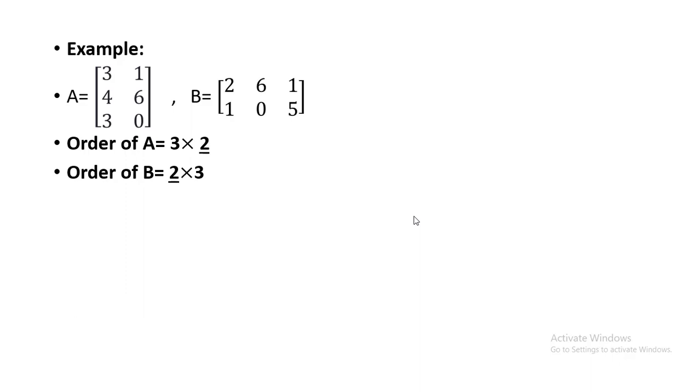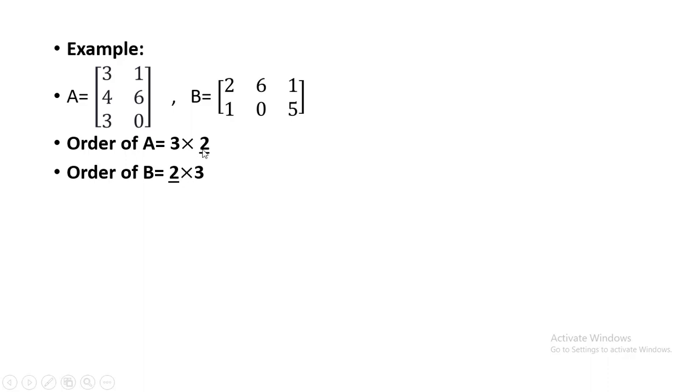Now in order for these two matrices to be multiplied, the rule that we know is that if A is multiplying by B, the column of matrix A should be equal to the row of matrix B. The second position defines the column, and this first position defines the row.